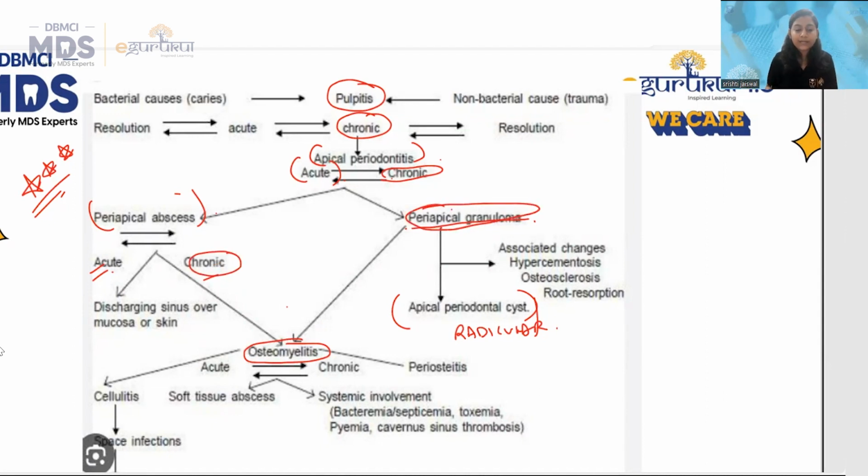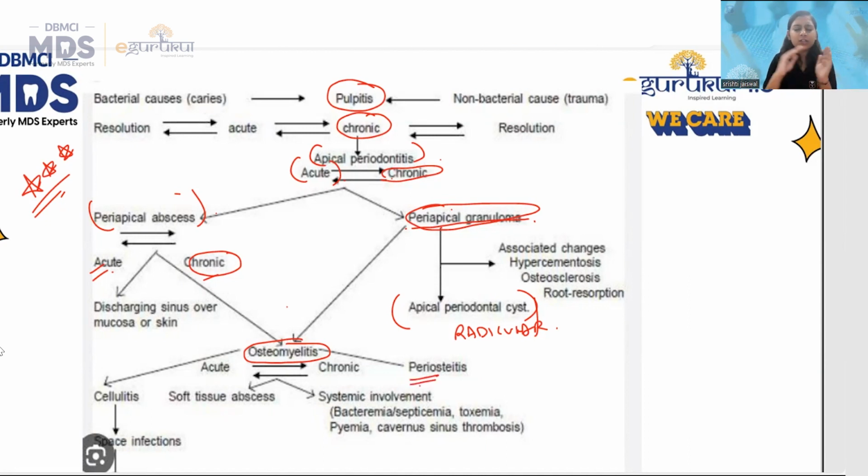Now this osteomyelitis has 4 presentations. It can undergo cellulitis, that is different space infections it can involve, soft tissue abscess, and the chronic osteomyelitis can have many systemic involvements like bacteremia, septicemia. If it involves the cavernous sinus, it can lead to cavernous sinus thrombosis, and it can undergo periostitis.